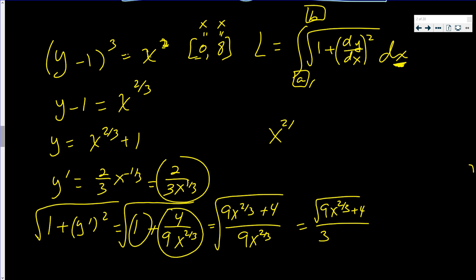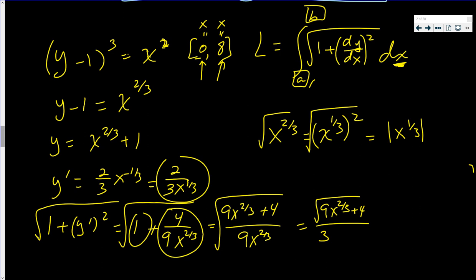Now, x to the 2/3 is x to the third, which could be negative, squared. Okay, and then when I take the square root of this, I'm going to get x to the third, but absolute value. Okay, the nice thing is x is never negative. That's the only time a cube root is negative. So this is just x to the third. So 3x to the third.